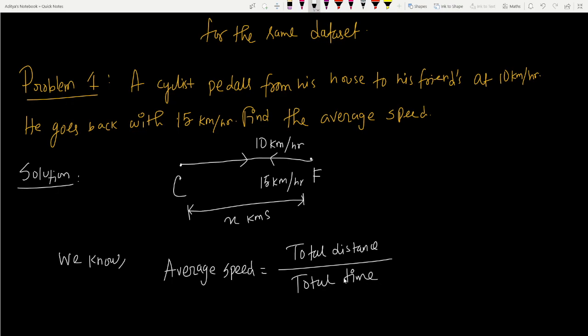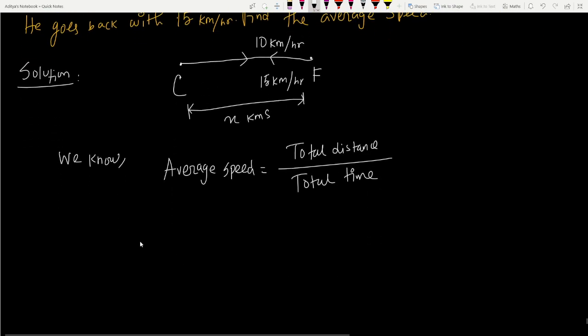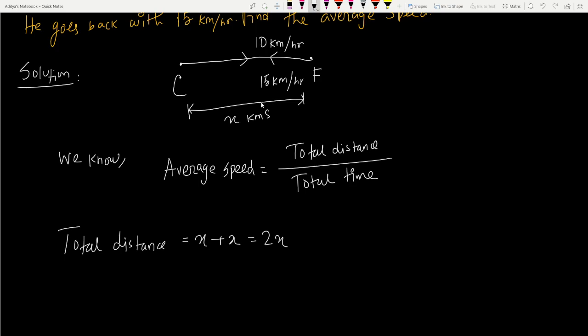So what is the total distance he covers? Total distance according to our assumptions is x plus x, which is 2x, because he goes to the friend's house covering a distance of x, and he comes back covering another x, so it makes a total distance of 2x. Now what is the total time taken?